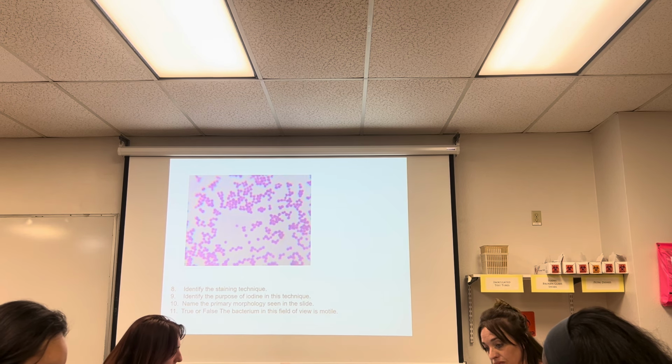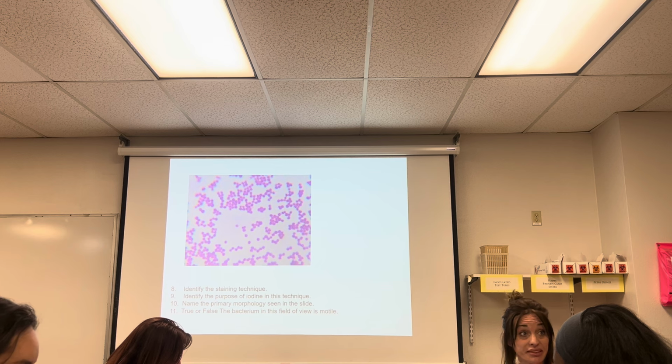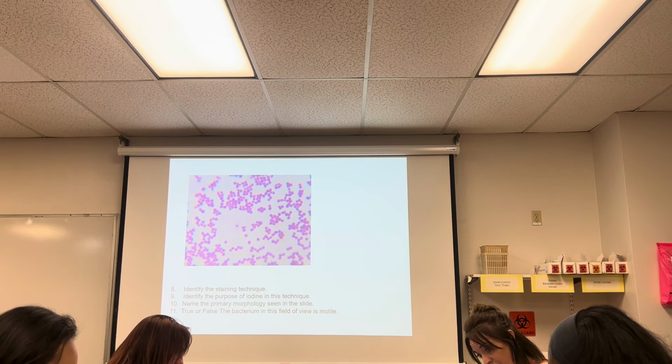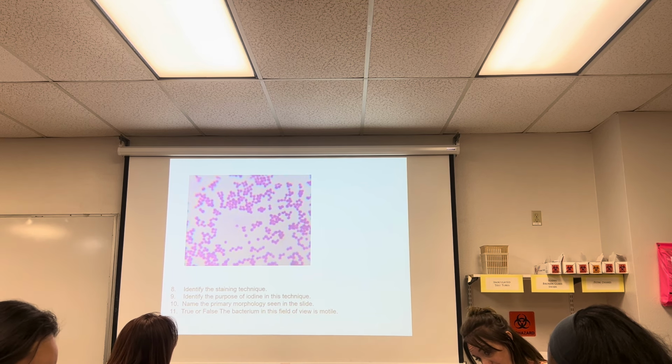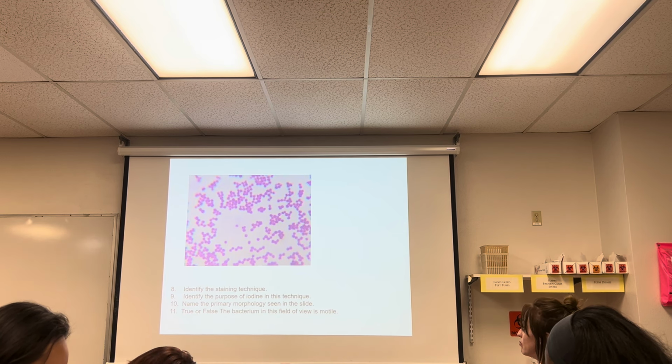Sealant, fixer, adherer, all those things mean the same thing, and I'll accept every one of them. I'm very amenable. So fix it can be one. Fixer. Okay? What's the primary morphology seen? Coccus. If you said cocci, that's fine. But if you say round thingy, it's going to be wrong.